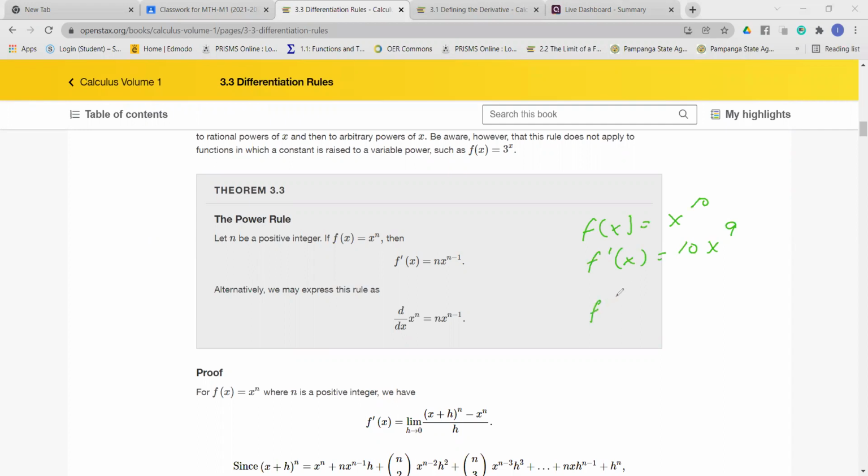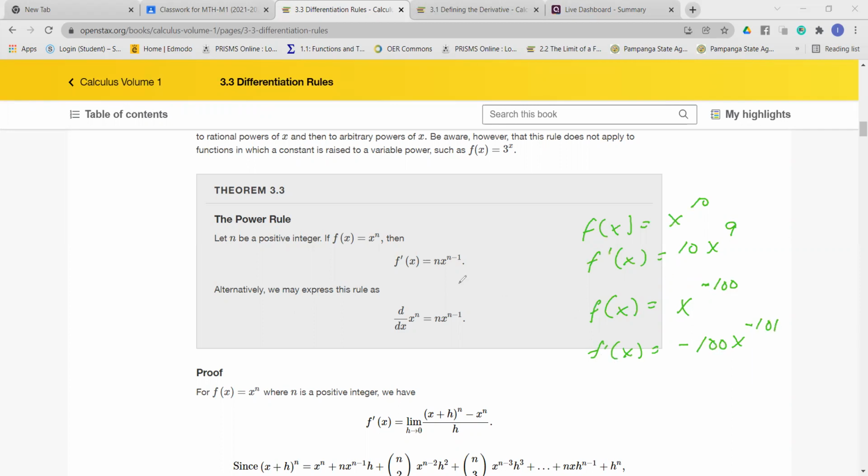So kung meron akong f of x equals x to the, let's say, negative 100, ang f prime of x ko will be equal to negative 100 times x. Tapos ito ngayon, negative 100 minus 1 will be negative 101. Okay, ganon.